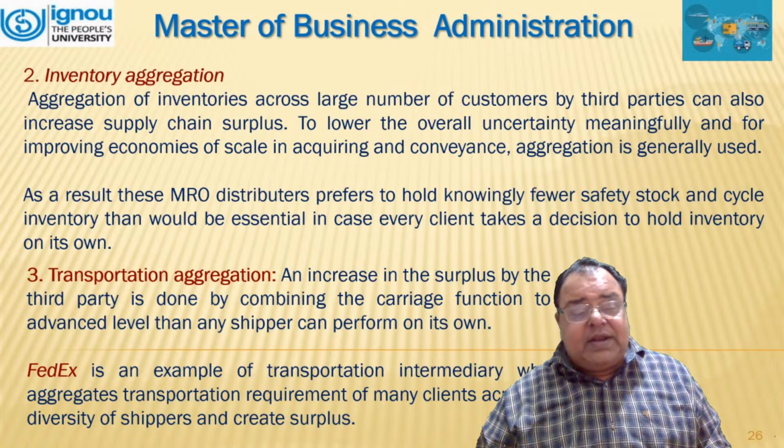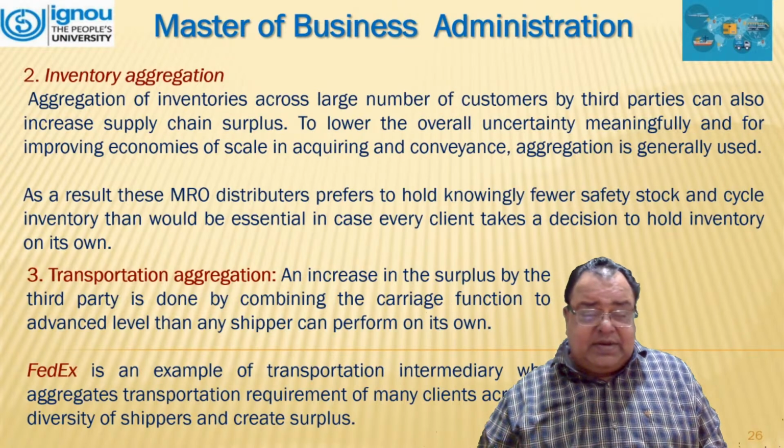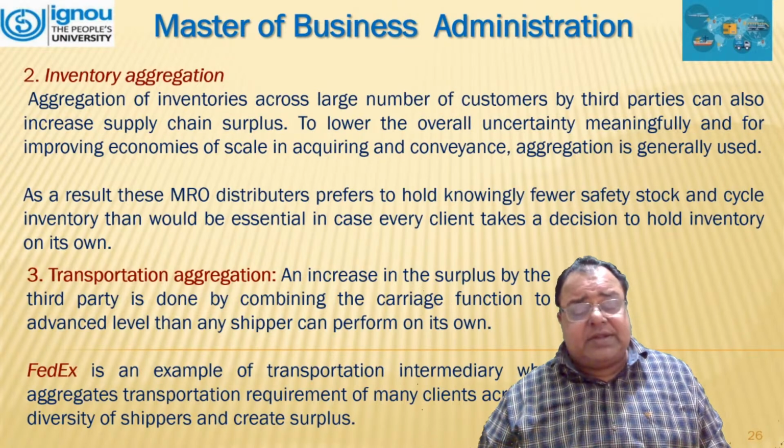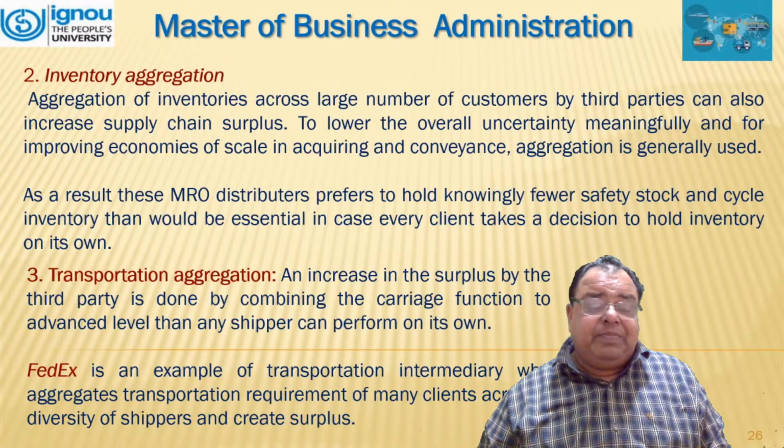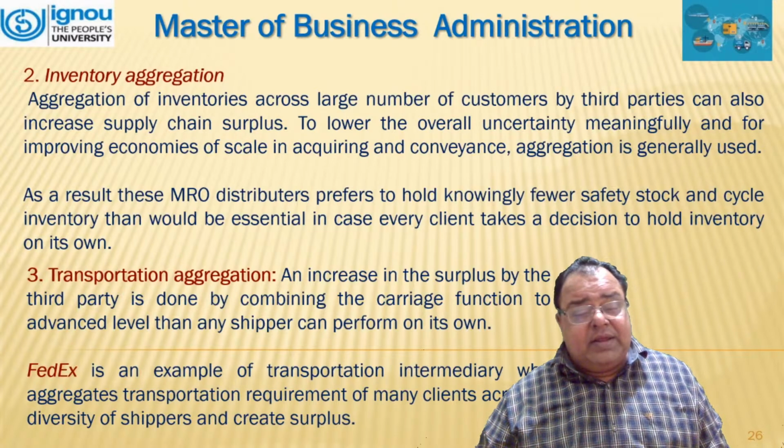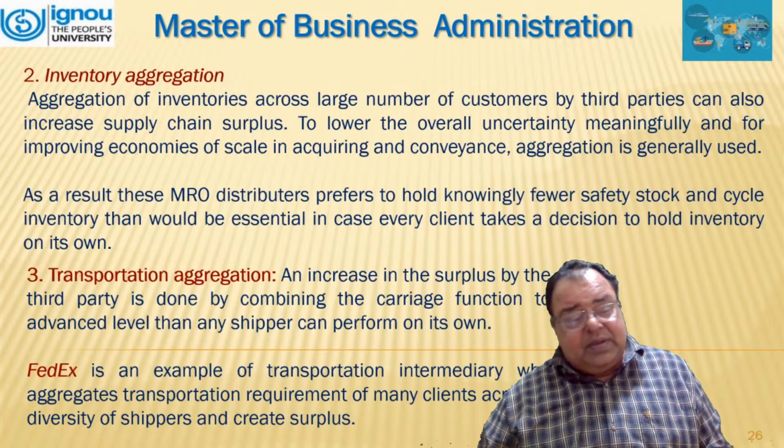Third one is transportation aggregation. An increase in the surplus by the third party is done by combining the carriage function to an advanced level than any shipper can perform on its own.